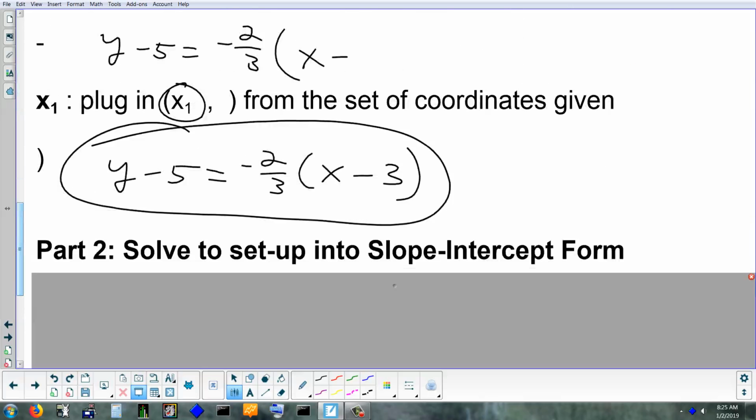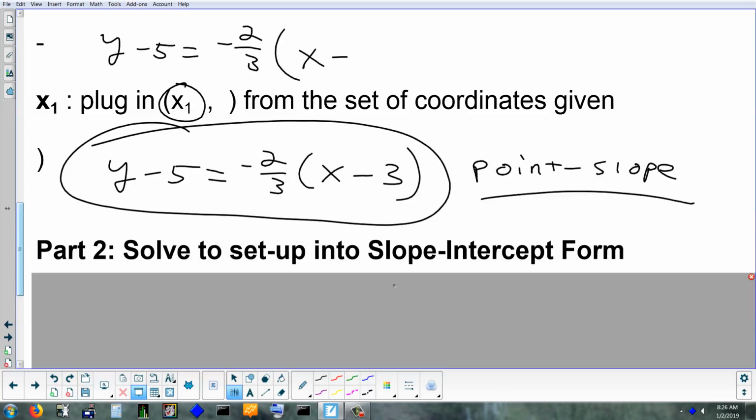All right, so now part 2, what they might ask us to do sometime is just to take that and make it slope-intercept. What's this one again? The one that I circled. That's called what? Point slope. This is point slope. Now, slope-intercept.